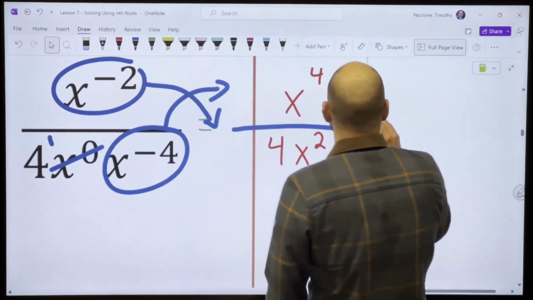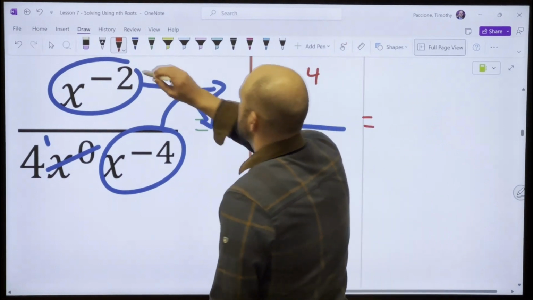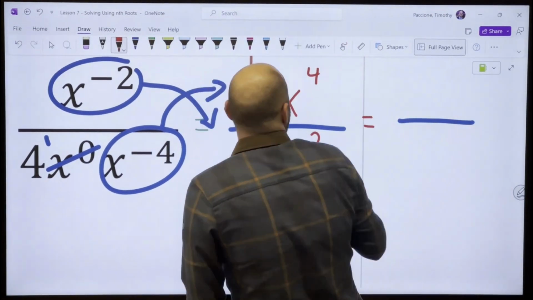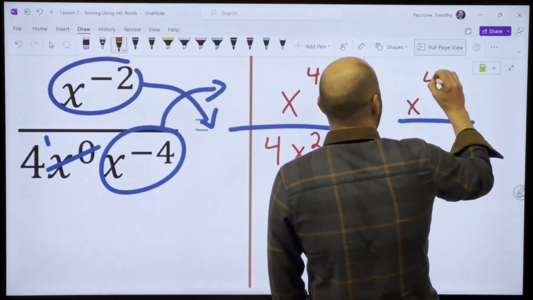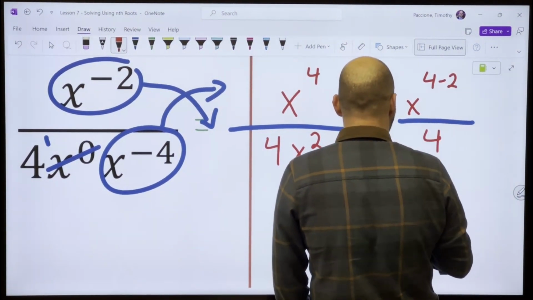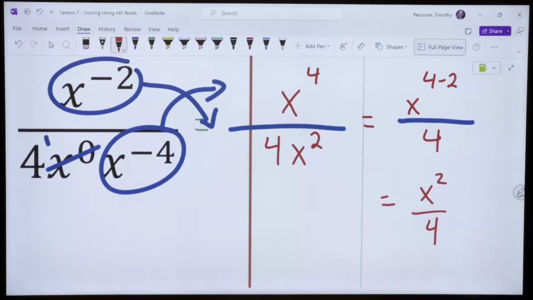Okay, well now I still need to do that quotient rule, right? So I have x to the 4 minus 2 over 4, or x to the 2 over 4. Okay?